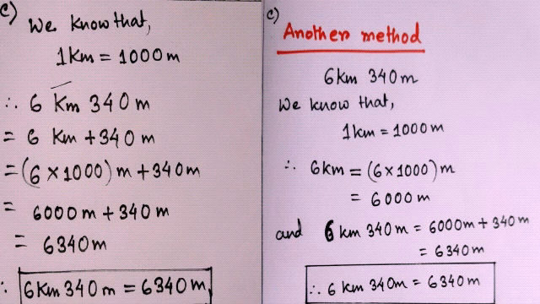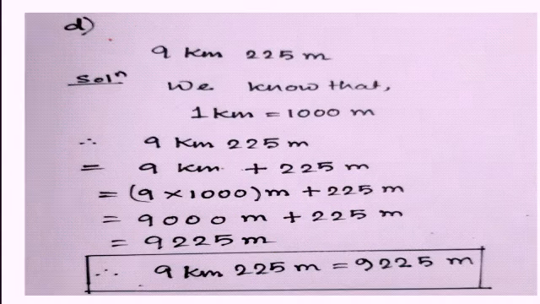Then we add: 6 km 340 meter equals 6000 meter plus 340 meter. Now we can add, 6340 meter, as it is in the same unit. So in this way you can solve. Here in D number question I have done the first method because I prefer it most, but if you want you can do this other method also.